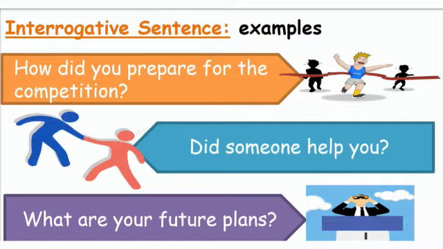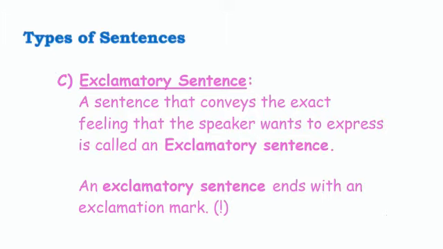The next type of sentence is the interrogative sentence. A sentence that asks a question is called an interrogative sentence. An interrogative sentence generally ends with a question mark. So all the questions come under this category, and so we call them interrogative sentences. Now let's see examples of interrogative sentences.